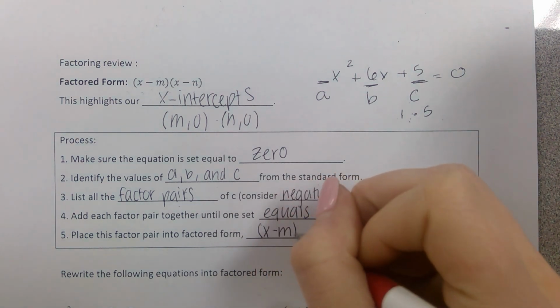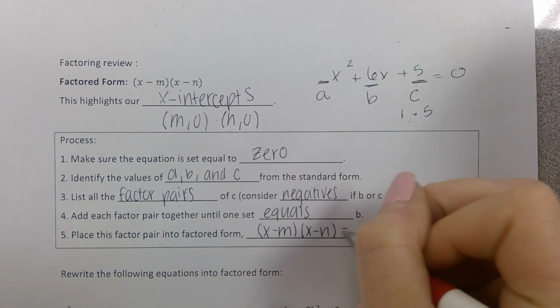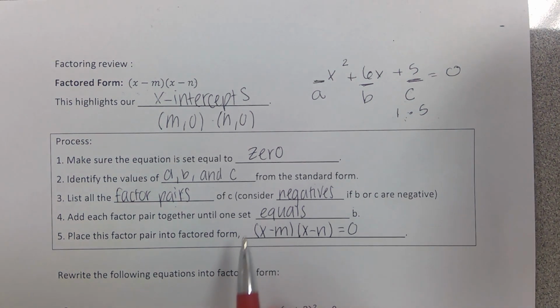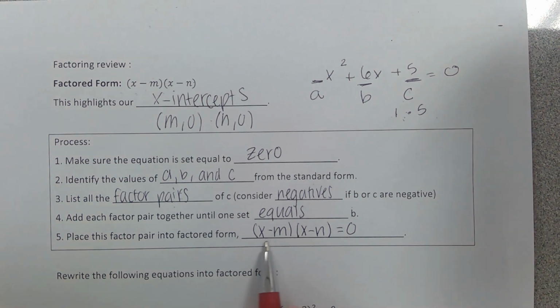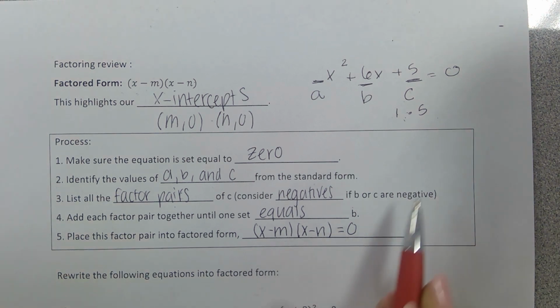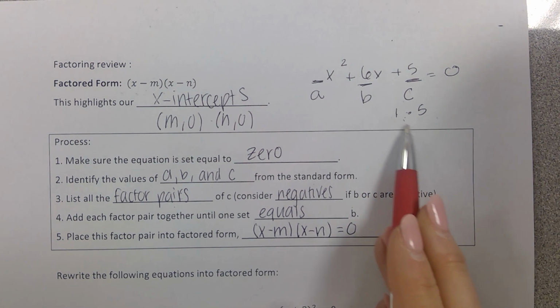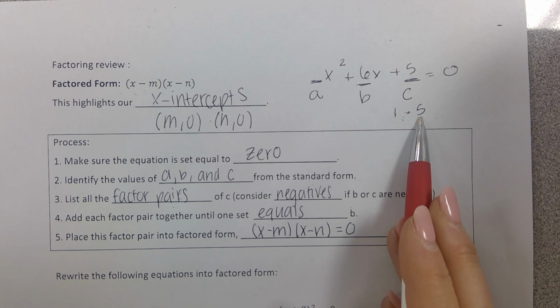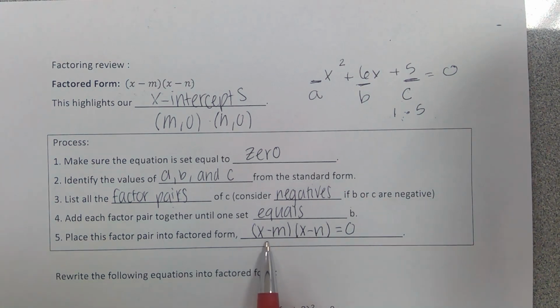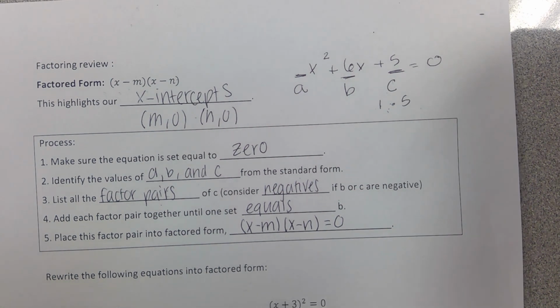So we're just going to rewrite what our factored form looks like. I want to make sure that we know that this negative is not always going to be here. Whatever your factor is, if it's positive or if it's negative, the sign stays with it. So if my factor pair was 1 and 5, I would have x plus 1 and x plus 5. So just make sure that we're not always keeping that negative here.